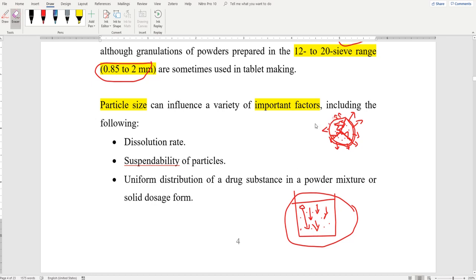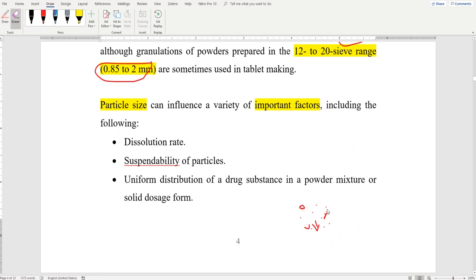Okay, let me remove these things and talk about the third effect, which is uniformity of distribution in a powder mixture. Rarely will you find a medication made of only the drug. Usually you need to mix a drug with a diluent or with excipients, meaning other materials.